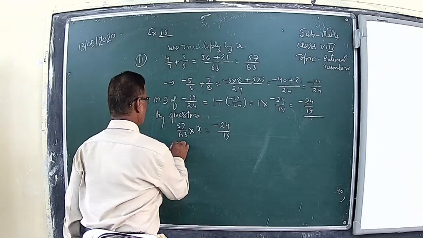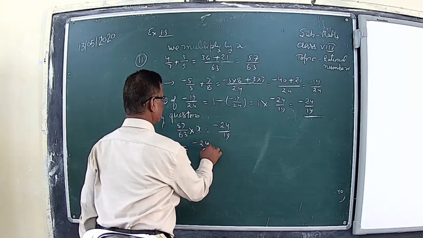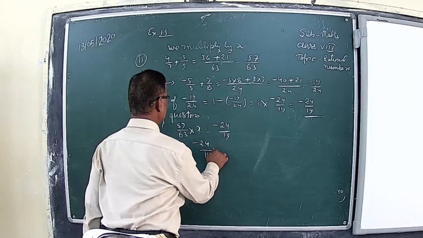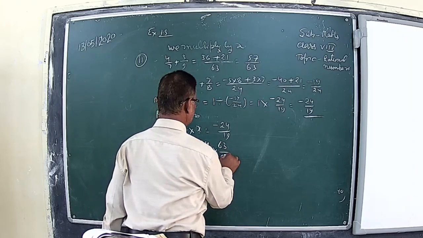Hence x is equal to minus 24 by 19 into 63 by 57.